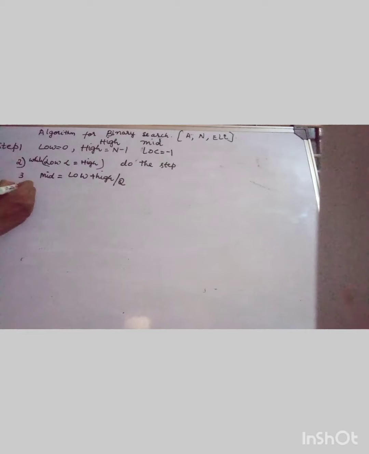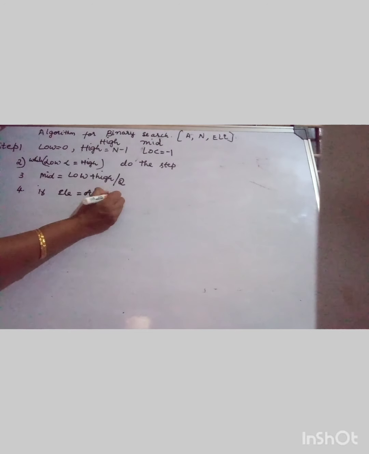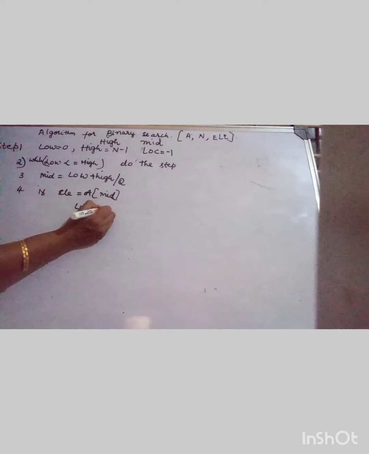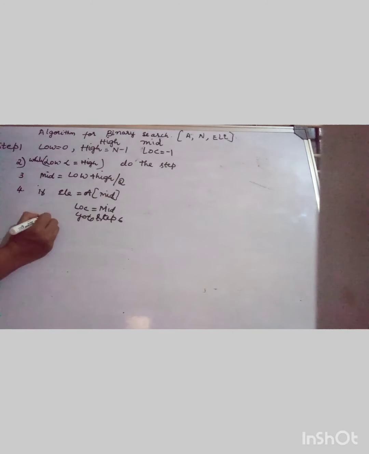Fourth step, if the element is found in the middle, that is A of mid, if the element is found in A of mid, location is equal to mid, go to step 6. Then end if.